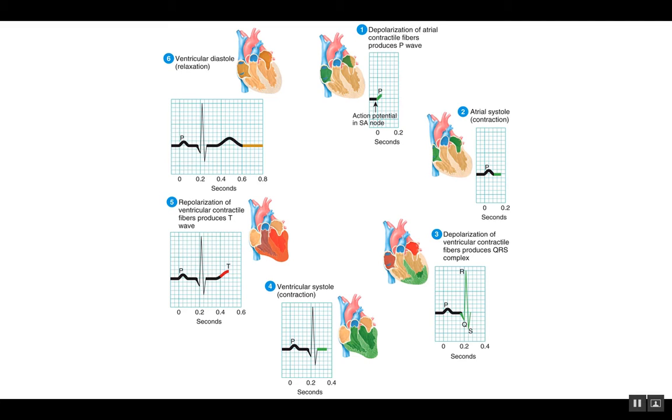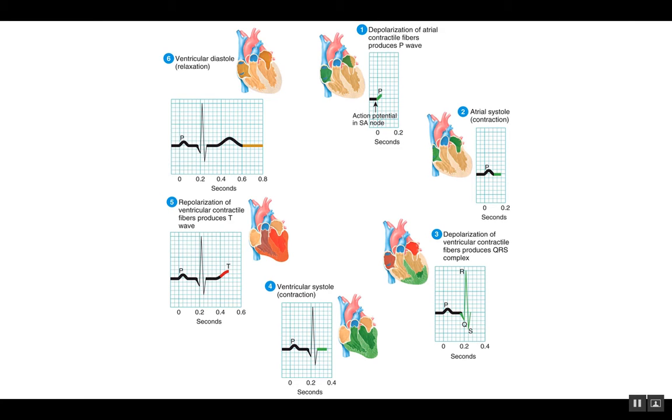When a muscle is in a contracted state, we call that systole. So atrial systole is when the atria are contracted. Diastole means relaxation. So when a chamber is in a relaxed state, we call that diastole. Like ventricular diastole is when the ventricles are relaxed.